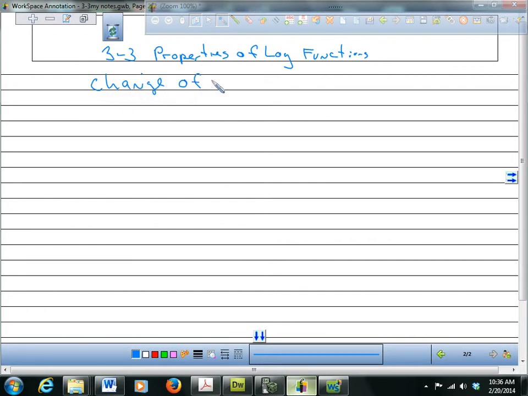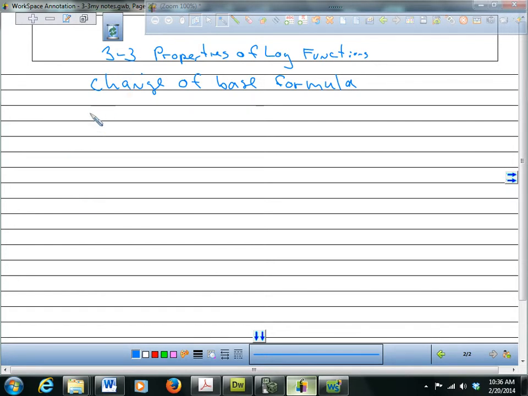Change of base formula. This is how you find the logarithm of something that is not to a common log base or a natural log base.